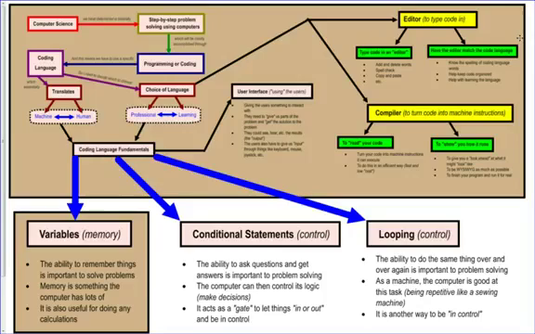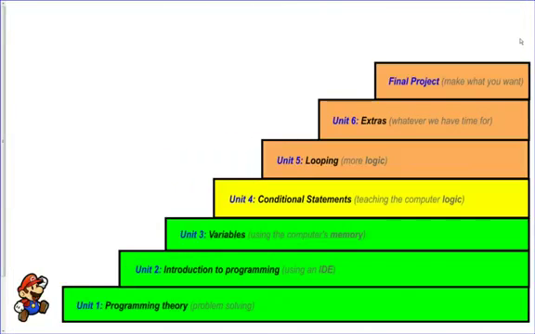Now, where this falls in the larger picture, I have a little interactive demo for you. In Unit 1, we learned the theory that computer science is problem solving. We talked about problem solving in a general sense. Then in Unit 2, we started learning the IDE, an environment to use coding within, and then we did variables, how to work the memory.